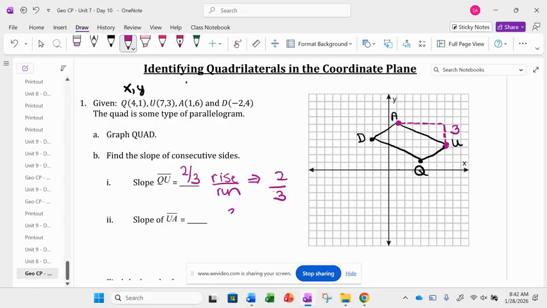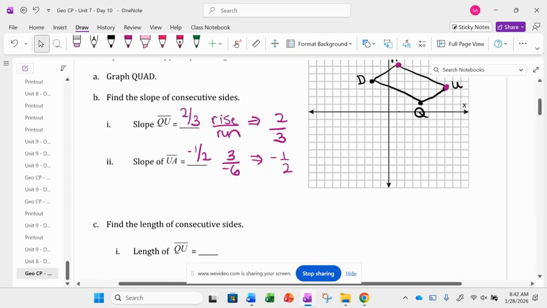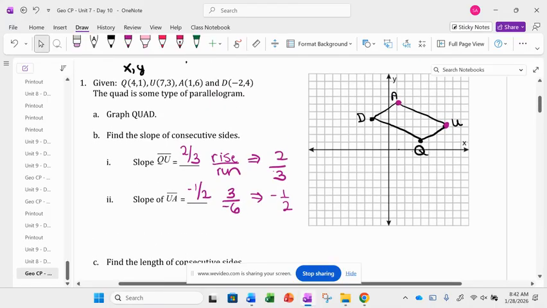So my rise was 3 and my run was -6 since we moved to the left. What does 3 over -6 simplify down to? Isn't that -1/2?